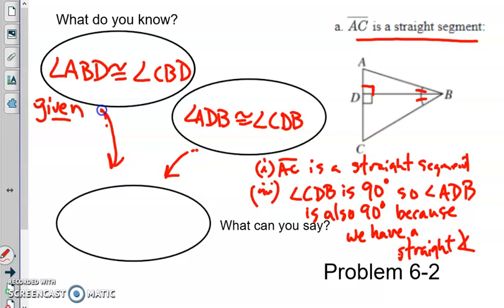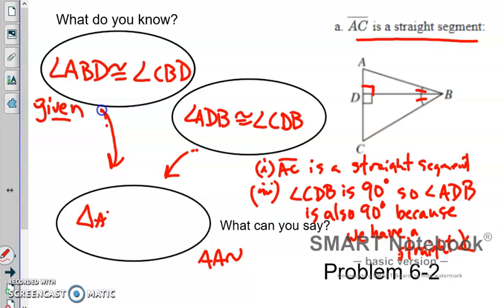Sometimes the justifications are not really simple, like just given or side. Sometimes the explanation has to be lengthy. But the triangles themselves are similar by angle. So triangle ADB is similar to triangle CDB by angle.